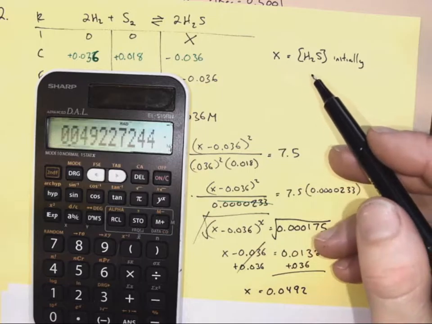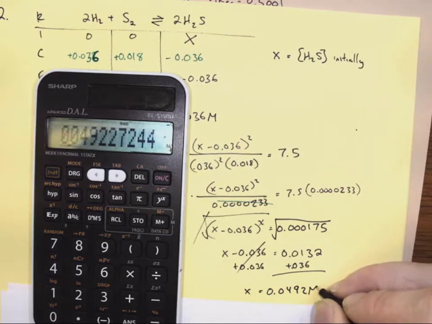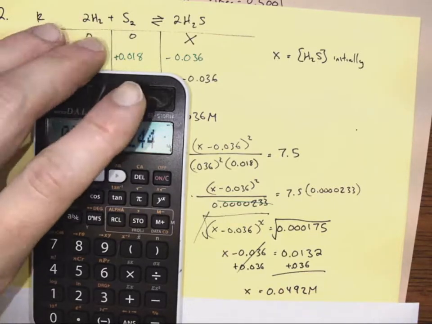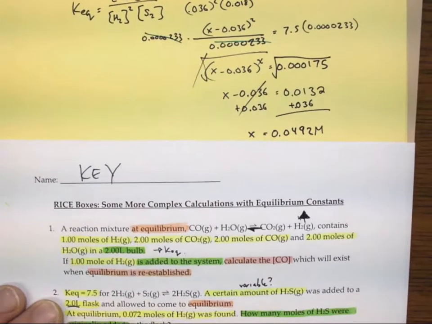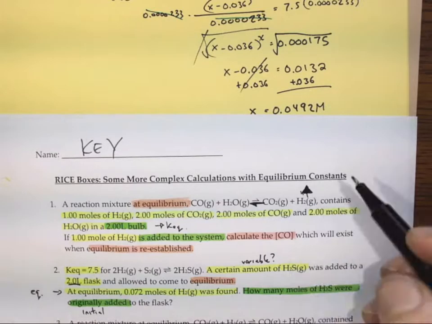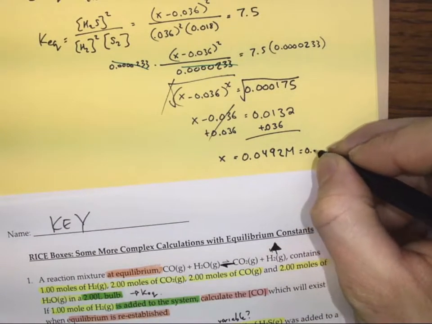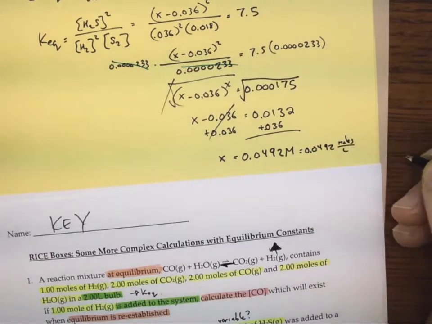And what was the x even measuring? It was measuring the concentration of hydrogen sulfide in my initial conditions, so I'm going to give that units of moles per liter. Now, that's the concentration, but the question asked how many moles were there? And this says how many moles there are for a liter, right? It means 0.0492 moles for every 1 liter.